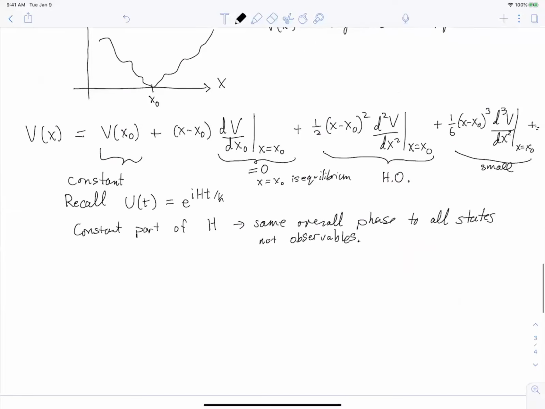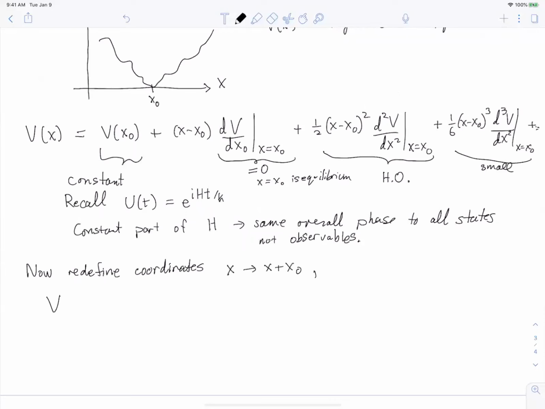To see that, we just redefine coordinates: let's take x and replace it by x plus x0.